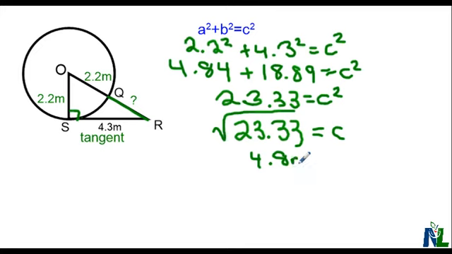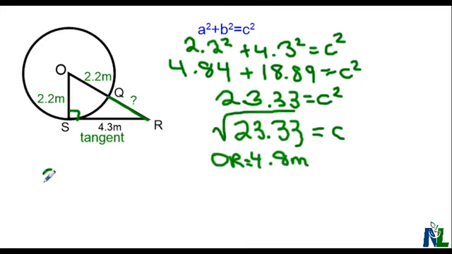And of course that was our hypotenuse of our triangle right here, which we have as OR. Now that we know OR, all we need to do to get that little piece we're looking for, QR, is to hack off the part from O to Q, which we know is 2.2 because it was a radius of our circle.